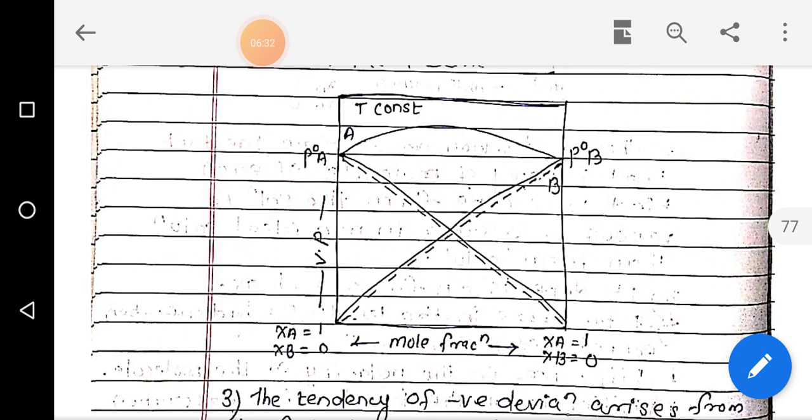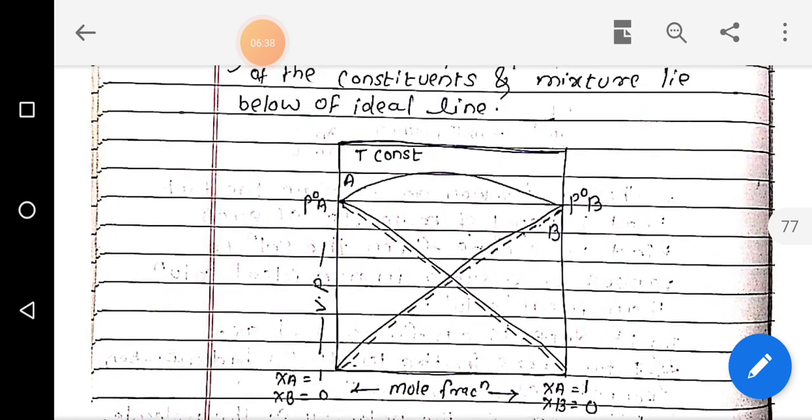When the mole fraction of B is equal to 1, the mole fraction of A is absent. So when only B is present, the partial vapor pressure of pure B is indicated here, and when only A is present, the partial pressure of pure A is mentioned here, because the other component is absent.